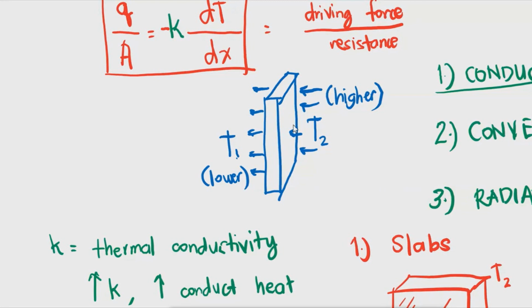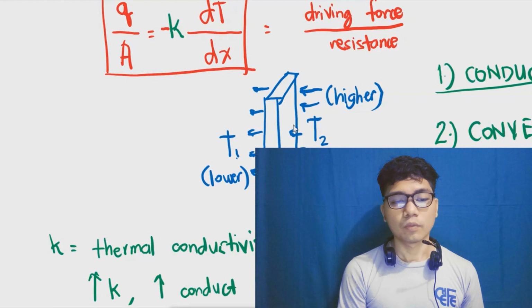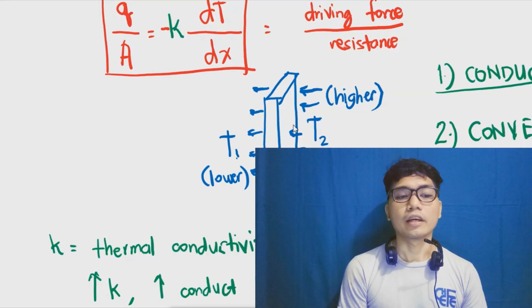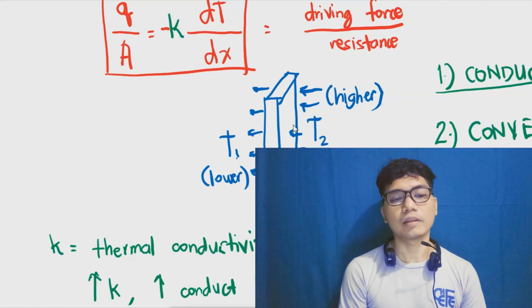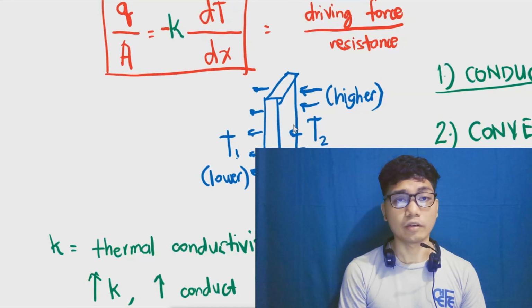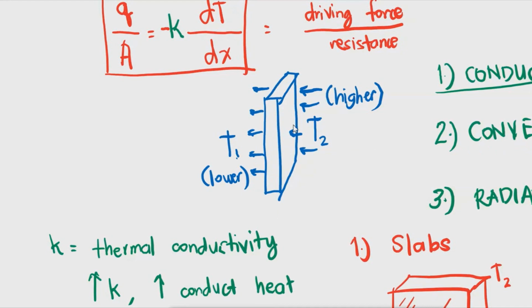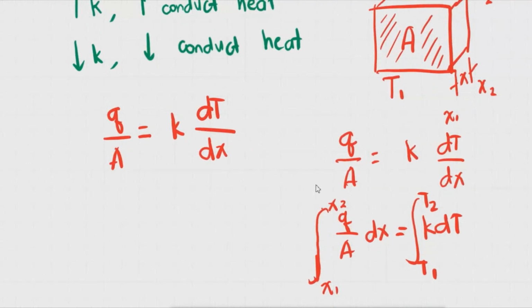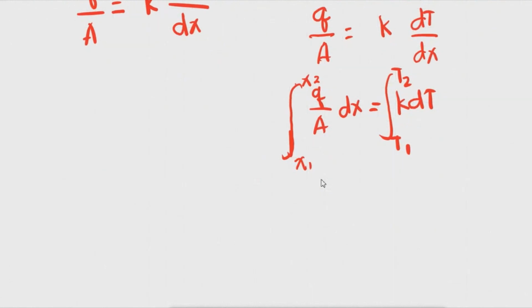Therefore, if we find the difference between these two, it should be T1 minus T2, and T1 minus T2 will result in a negative value. So it makes sense to write negative, so that we can simply say that dt is T2 minus T1. So you'll find it out later when we solve for the equation. Sorry, I forgot to write here the negative.